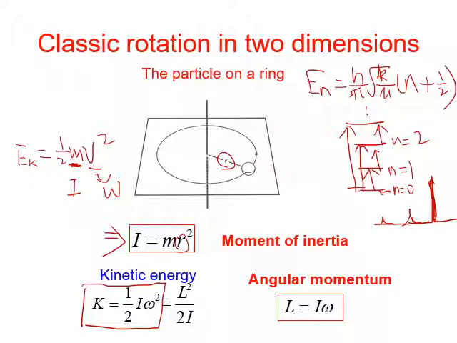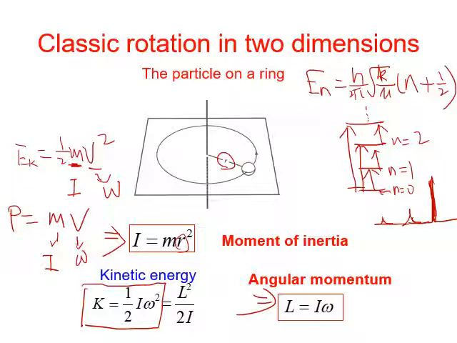Now the linear momentum is m times v. So m is replaced by the moment of inertia, and v by omega, and therefore you have this equation: angular momentum equals I times omega.